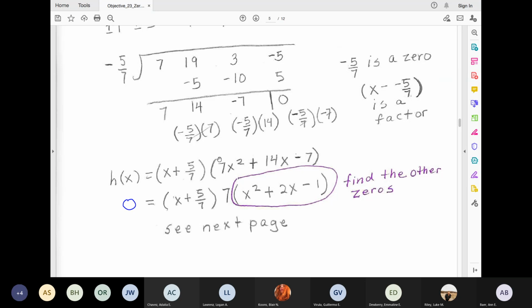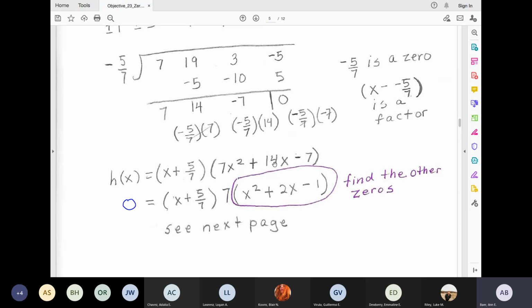So I wrote that factor down: 7x squared plus 14x minus 7. I looked at this factor, and I saw 2 7s and thought to myself, well, 14 I can write as 7 times 2. So let's factor out a 7.